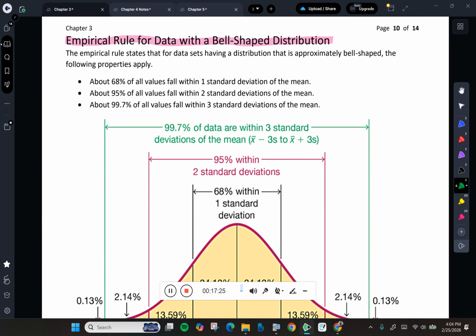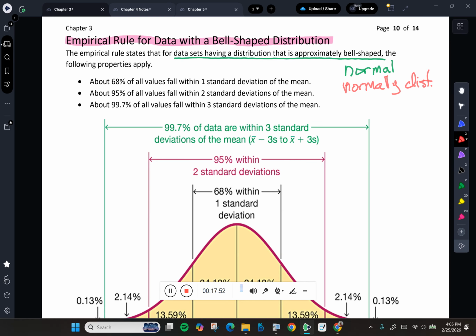But specifically, it's talking about data sets that have a distribution that is approximately bell-shaped or approximately normal or approximately normally distributed. Those are 3 different phrases or words that you'll hear that describe this.